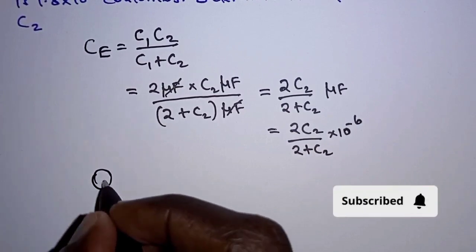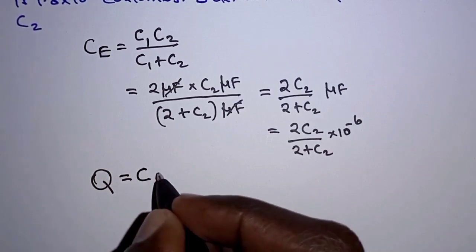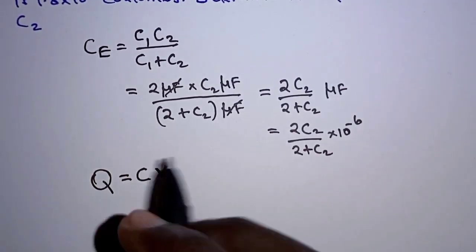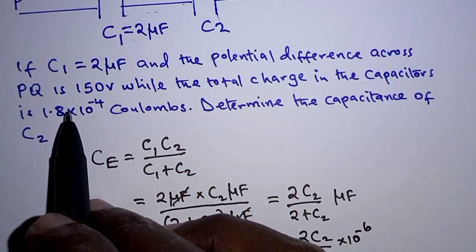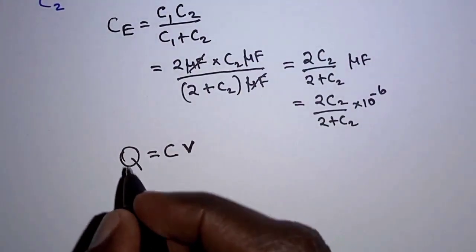The total charge stored is equal to the total capacitance times the total voltage. Total charge in the capacitors was given to us as 1.8 times 10 power negative 4. So we have it on the left hand side.